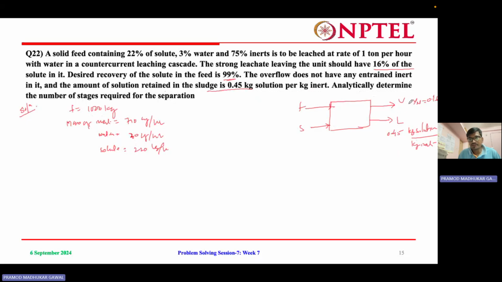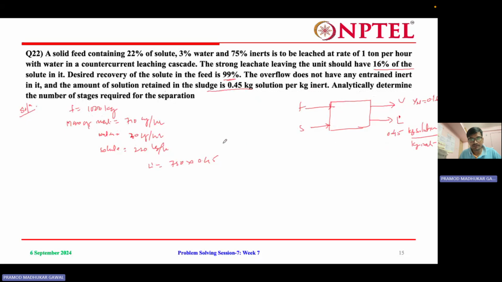So here there is no solute present in the overflow. The solution leaving with this inert, that's L dash. This is solute free; dash denotes the solute free. L dash is equal to 750 into 0.45, right?